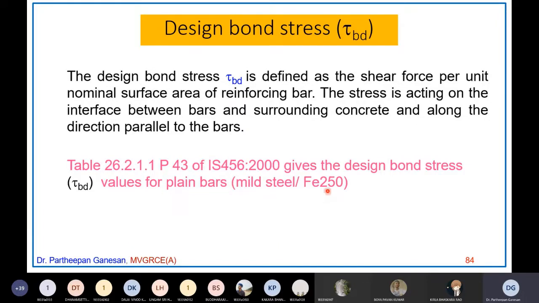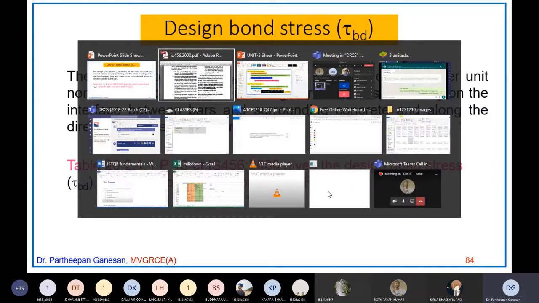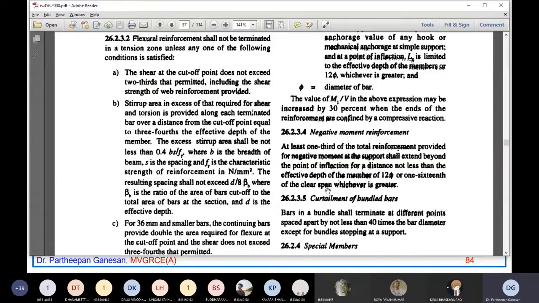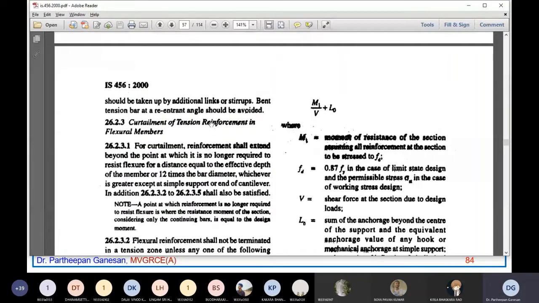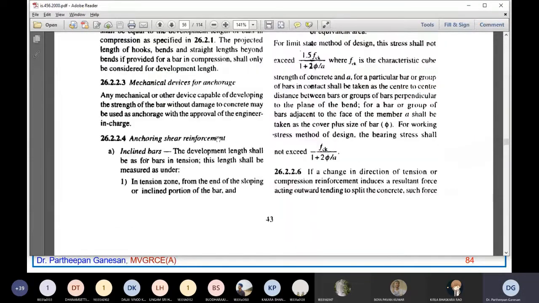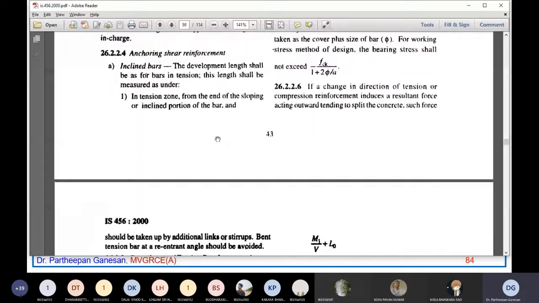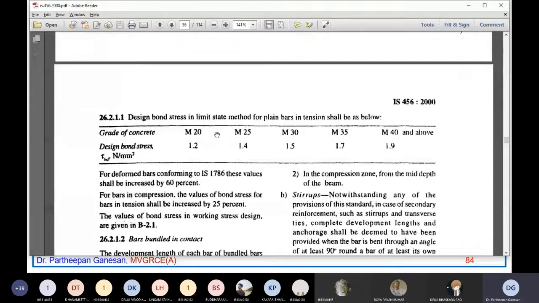Mild steel means Fe 250 steel. So I am going to go to that. Here.